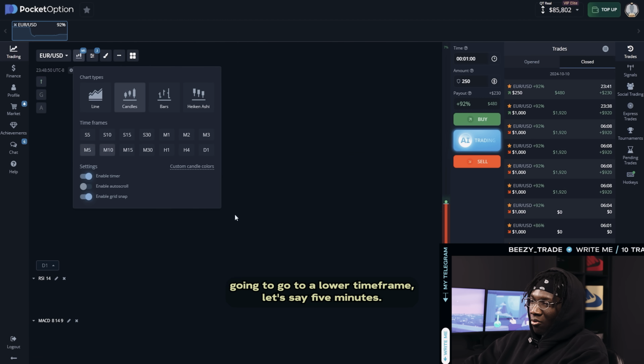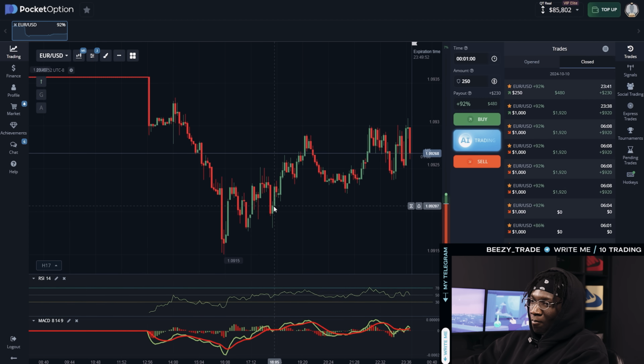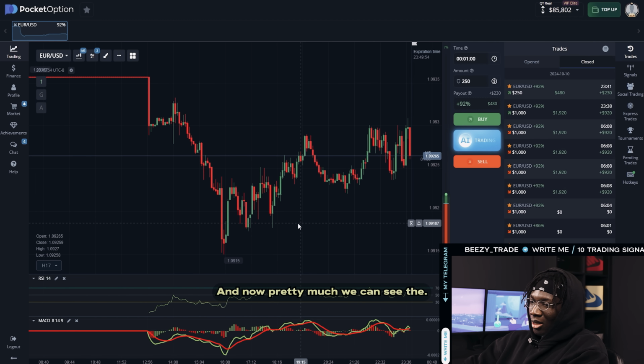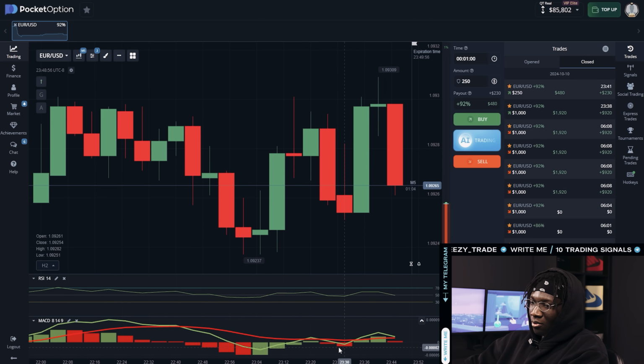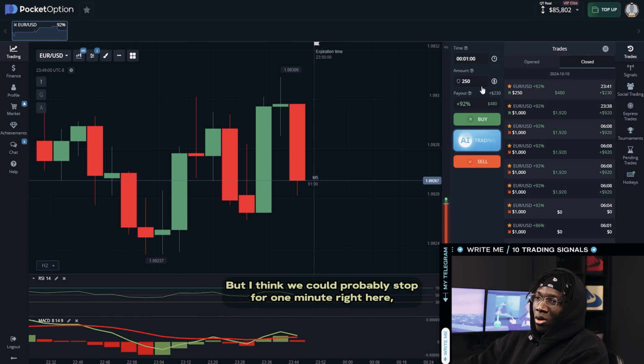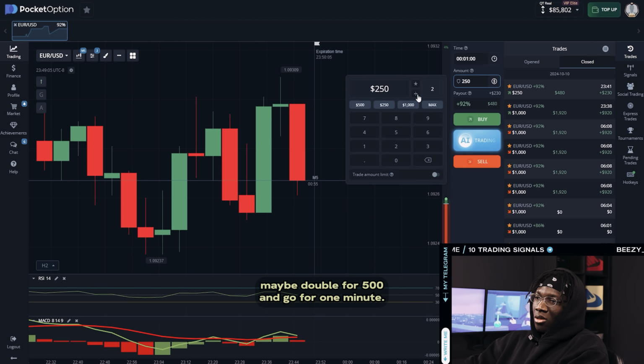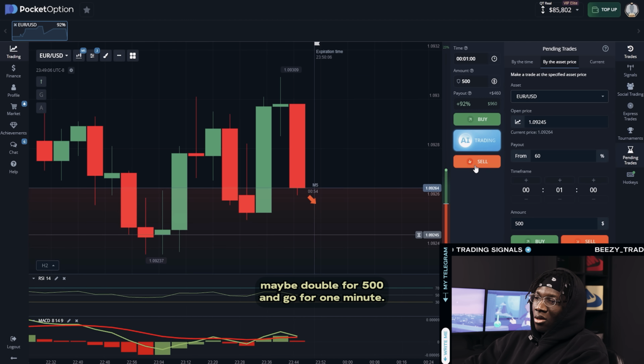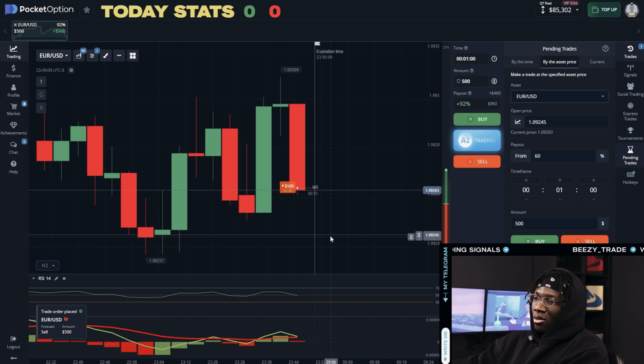Gonna go to a lower time frame, let's say 5 minutes, and now pretty much we can see that it's a little bit too early, but I think we could probably scalp for 1 minute right here, maybe double for 500 and go for 1 minute.